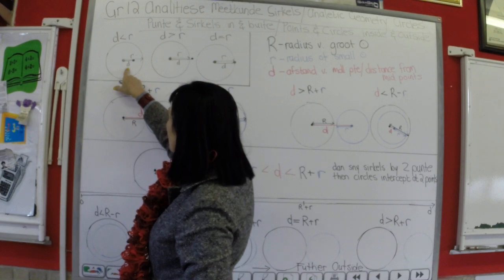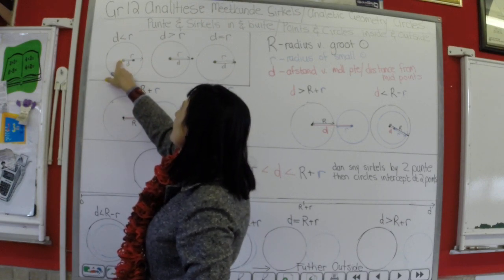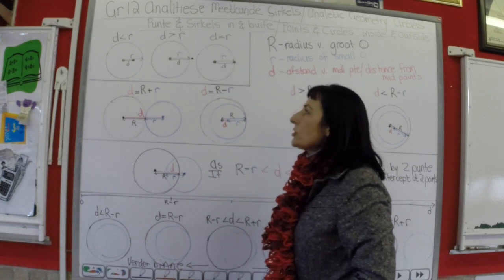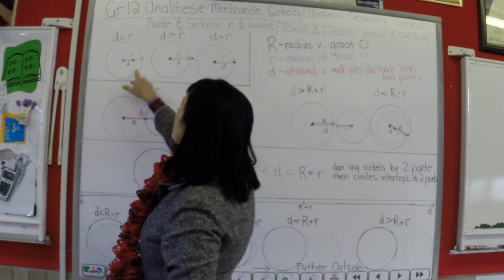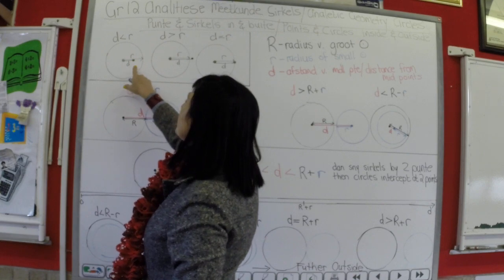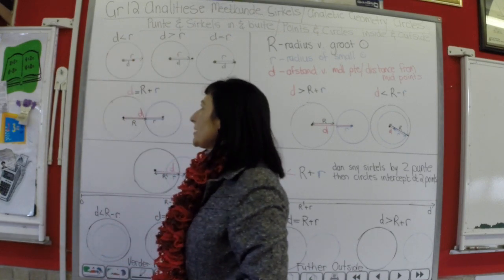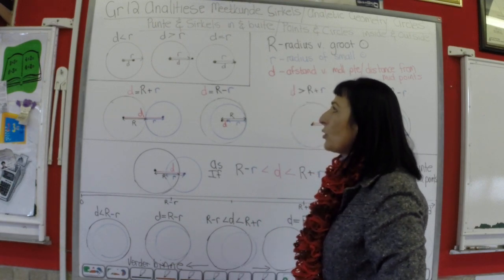En die afstand van die middelpunt tot die sirkelrand is die radius. So hier kan ons duidelik sien as die punt in die binnekant van die sirkel sit, dan is daai d kleiner as die radius. Distance is smaller than the radius.